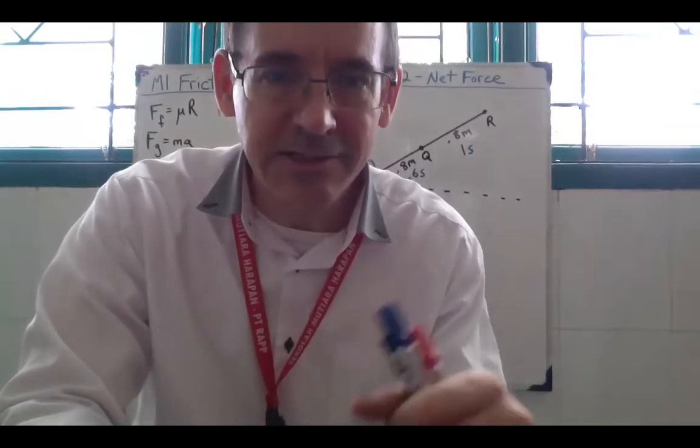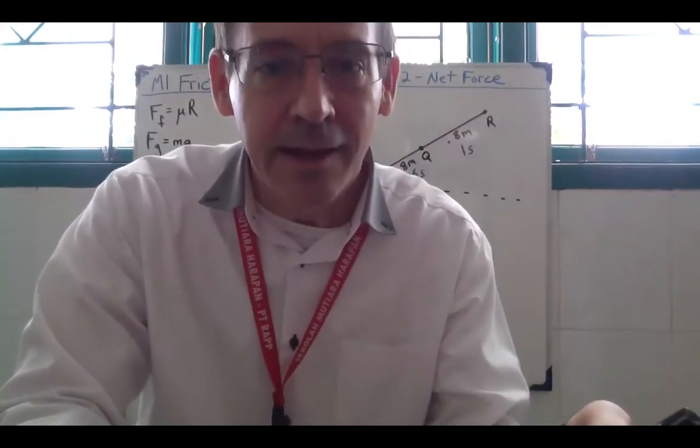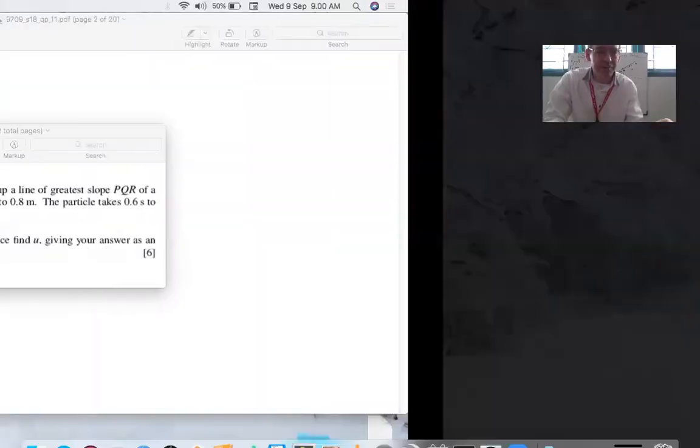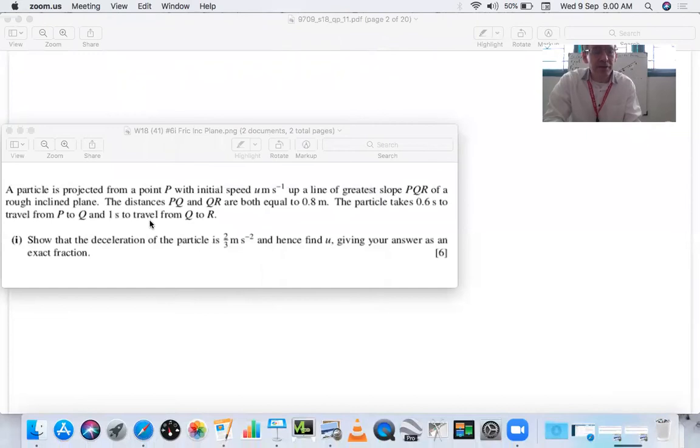Okay, here is our last question for this video, and let's get right to it. It says a particle is projected from a point P with initial speed u meters per second up a line of greatest slope PQR of a rough inclined plane. The distances P to Q and Q to R are both equal to 0.8 meters.